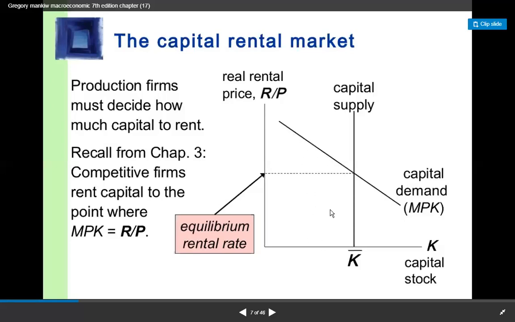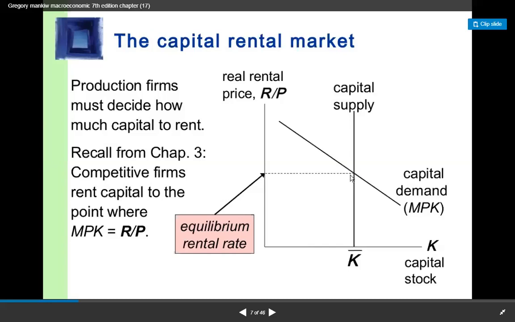Capital supply and demand are on the horizontal axis. Higher rent, lower demand. Mid of the line, little lower real rent, more demand for capital.